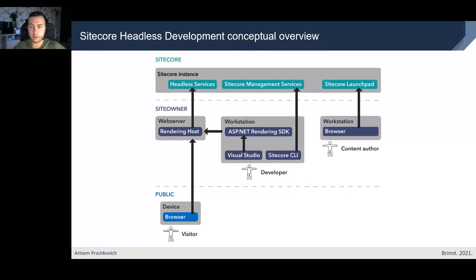Headless systems deliver web pages to visitors differently than coupled systems, where the backend and frontend are combined. Sitecore headless development functions in the following way: the rendering host, which is here and which represents our website itself from the visitor's point of view, translates a visitor request to the content item in the Sitecore instance.